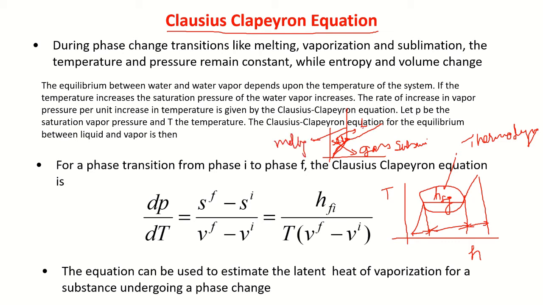And you have liquid you want to convert into vapor, that is vaporization. Melting, vaporization, sublimation: from solid directly into gaseous phase, solid to liquid phase, liquid to vapor phase.